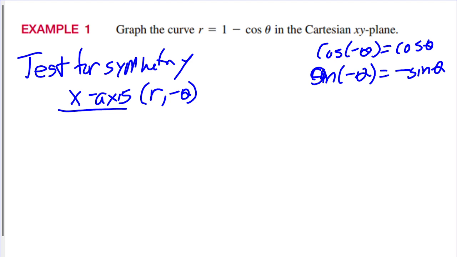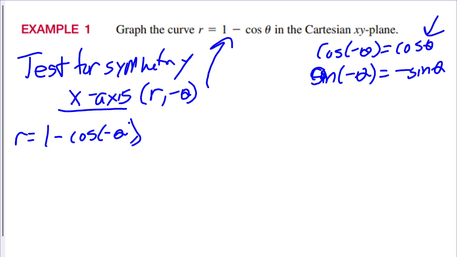So we plug that into our equation, which gives us r equals 1 minus cosine of negative theta. But as our trig identity tells us, that just reverts back to 1 minus cosine theta. Because we get back the same equation, we have symmetry about the x-axis.